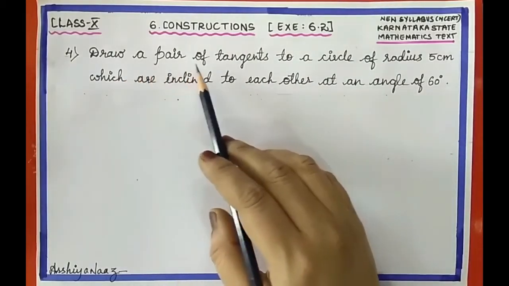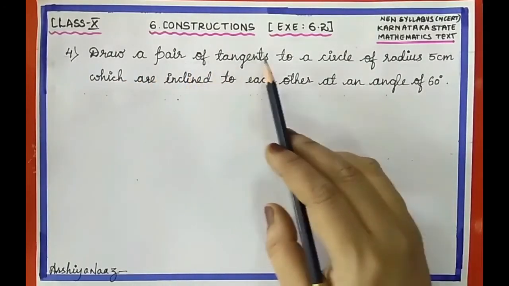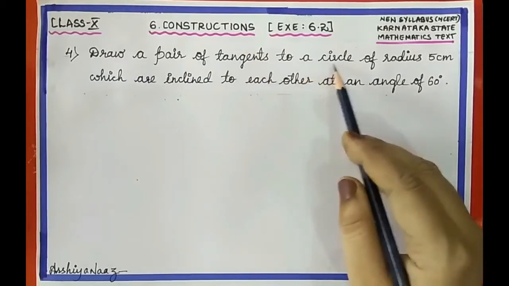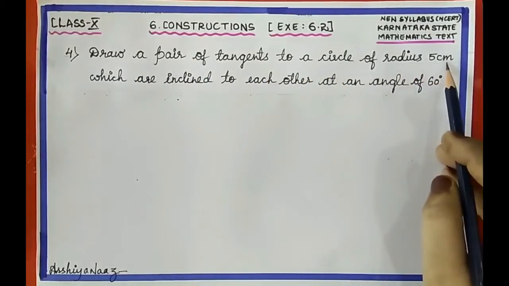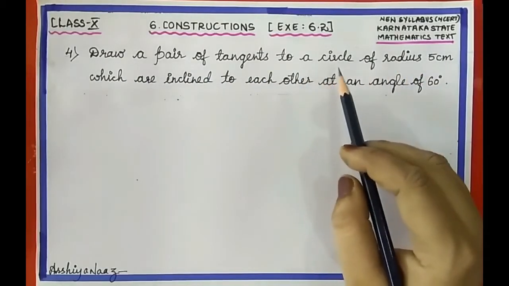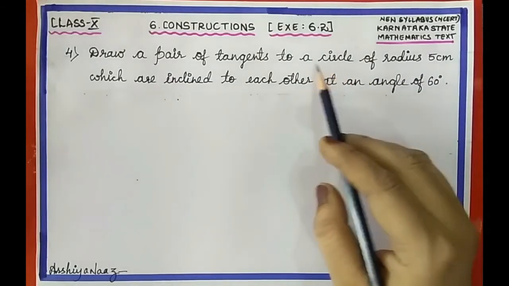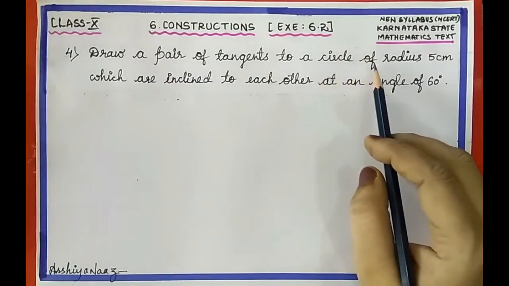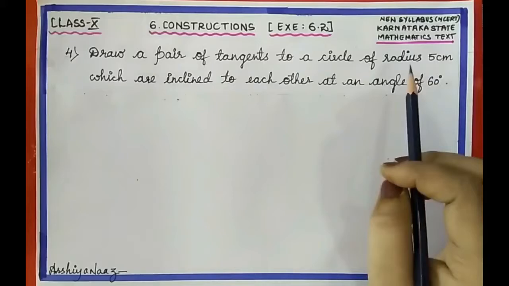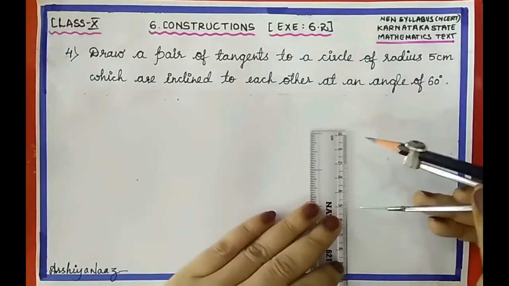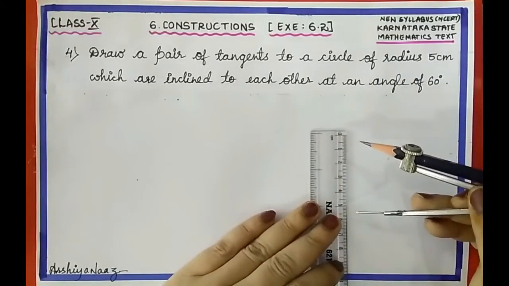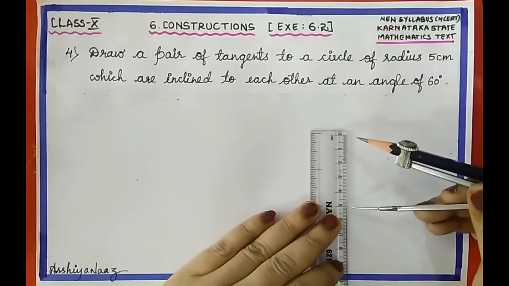Here it's given that we have to draw a pair of tangents to a circle of radius 5 cm. So at first, we have to construct a circle of radius 5 cm. So let us construct a circle of radius 5 cm.